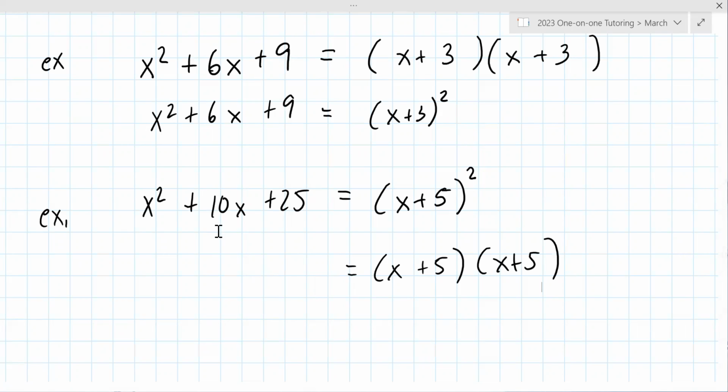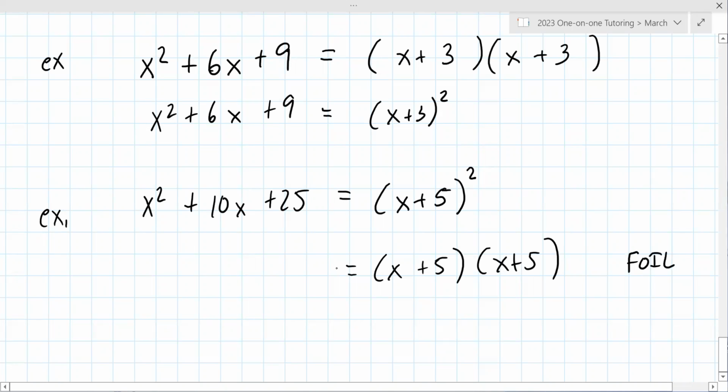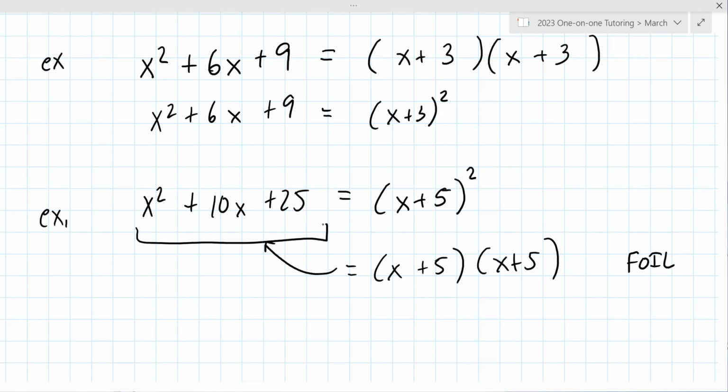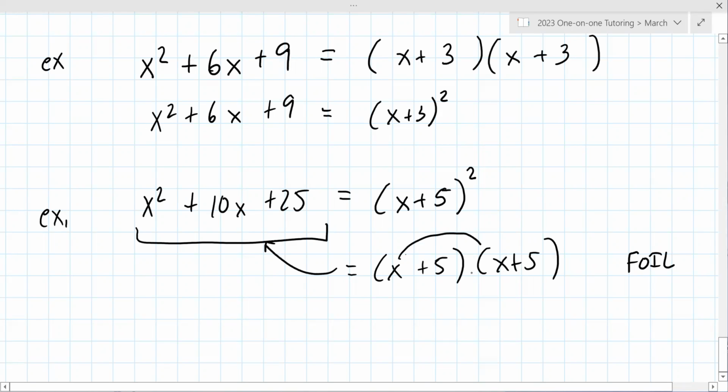So it would be x plus 5. And you always do the last one? Well, when you're factoring it, yes, but I'd like you to FOIL this so that you can see that it does in fact get you back to this here. Is it clear what I'm asking you to do? You always just find the square root of the last one? Yes. And then do you always do x plus the square root? Yes.